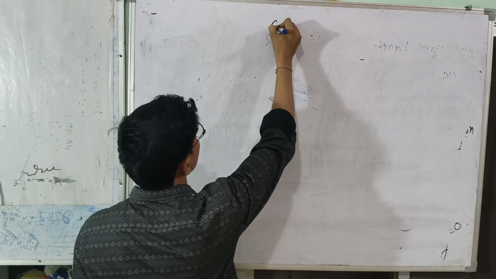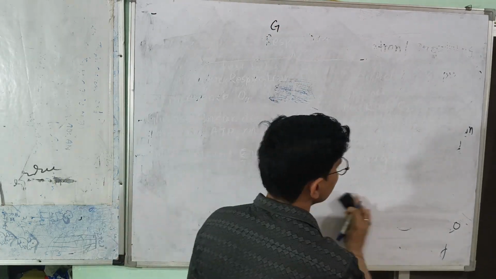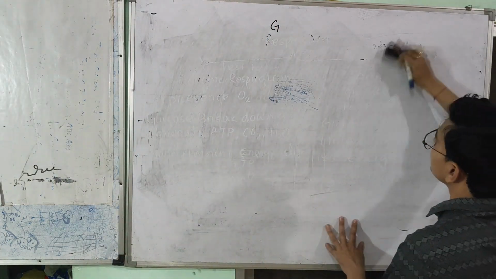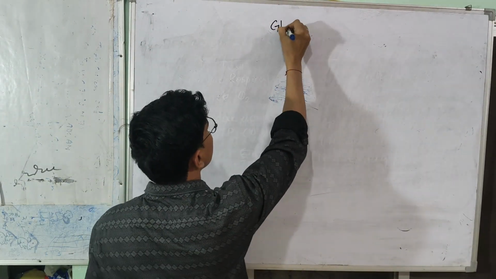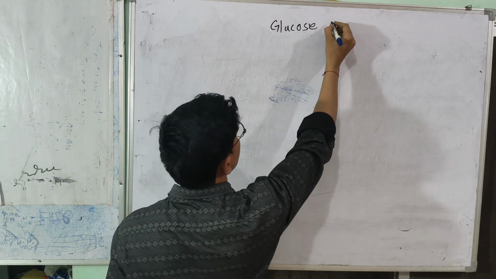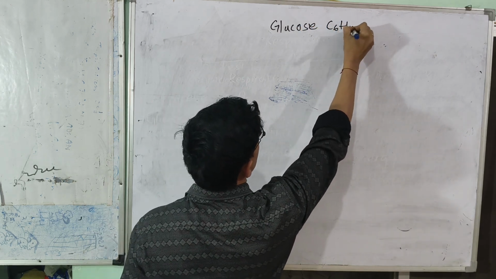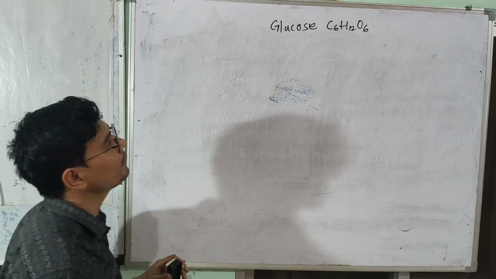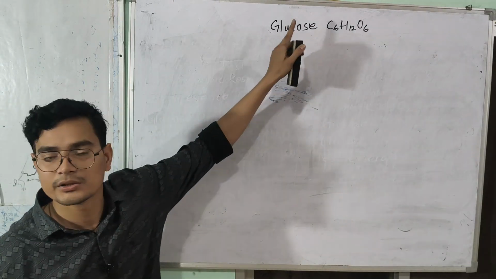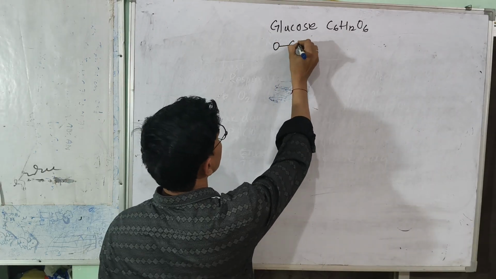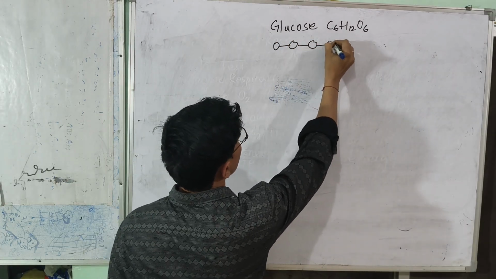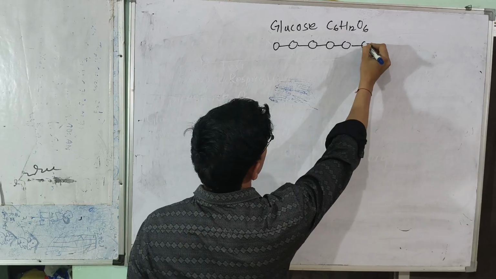You all know the formula of glucose: C6H12O6. How many carbon atoms are present? 6 carbon atoms: 1, 2, 3, 4, 5 and 6.